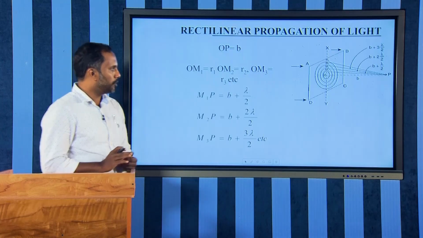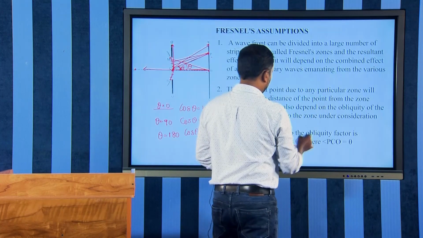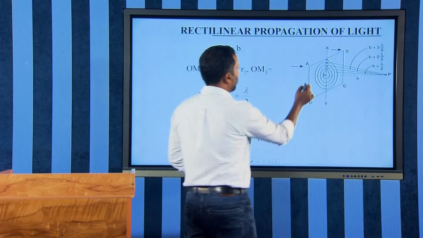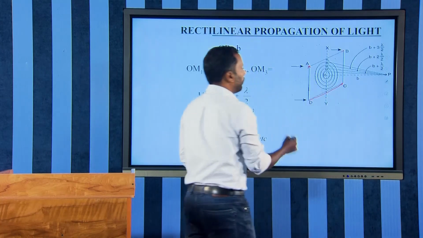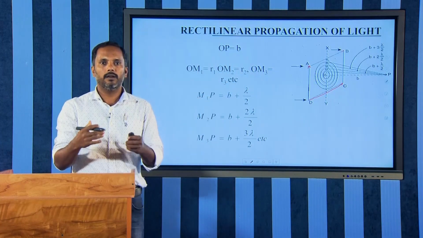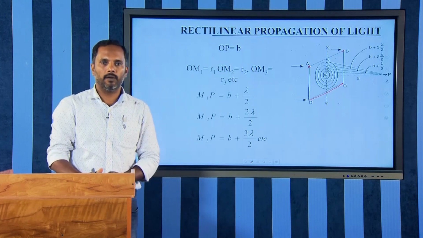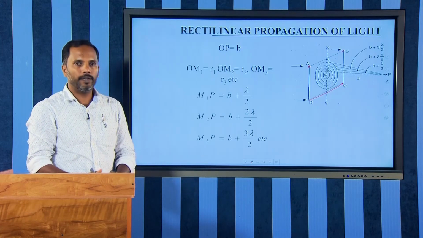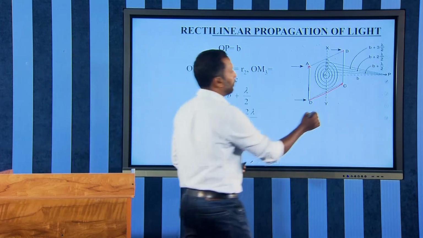Now, in this picture let us consider a plane wave, A, B, C, D. So, this is a plane wavefront and we are considering the shape as a rectangular plane wavefront.